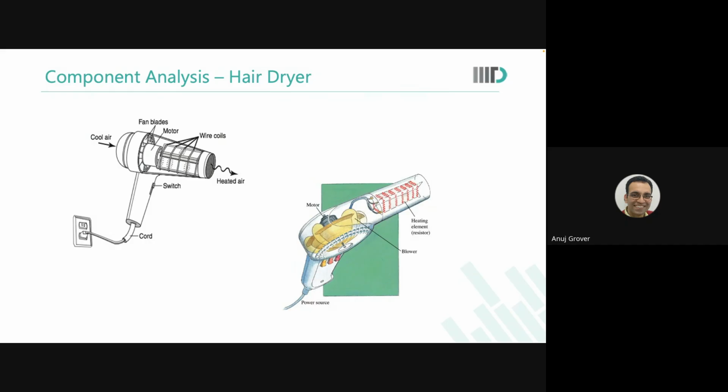But if the problem is that it doesn't dry my hair quickly enough, what is the target then? Then the wire doesn't have any role to play in it. Do you see that? So until you understand what is the problem that I'm wanting to solve, can you do component analysis? No. So until you have done CECA, can you go here? Or forget about CECA. At least the first semblance of the problem, the first thing should be what is the problem that I have assumed?